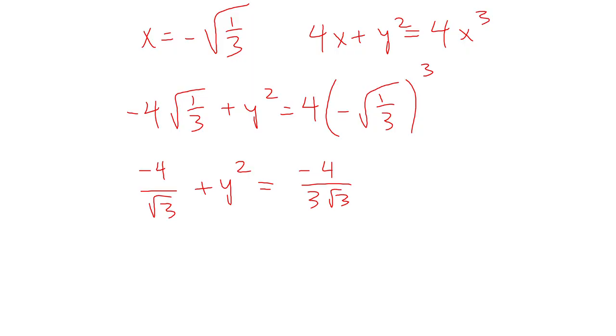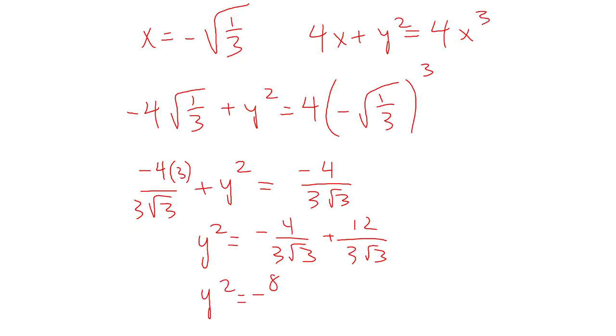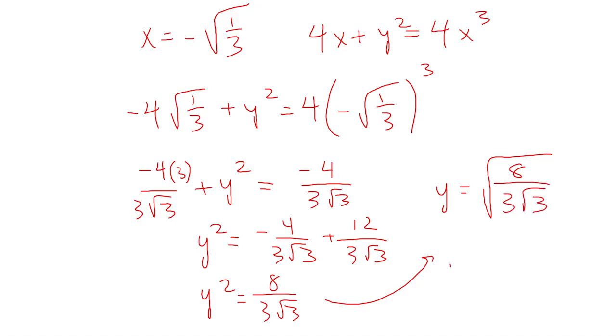If I get a common denominator here, just multiply that by 3 over 3, we're going to end up with y squared equals negative 4 over 3 root 3 plus 12 over 3 root 3, which gives us y squared equals 8 over 3 root 3, which when I square root is going to give me two different answers. y equals the square root of 8 over 3 root 3, and y equals the opposite of the square root of 8 over 3 root 3.